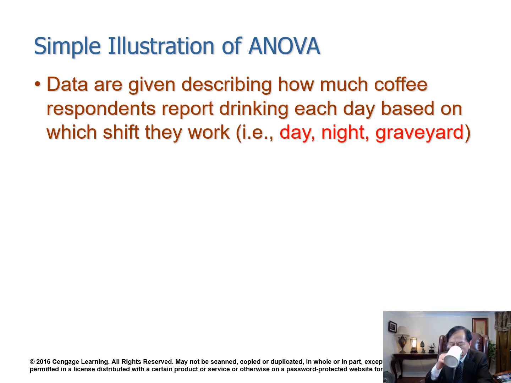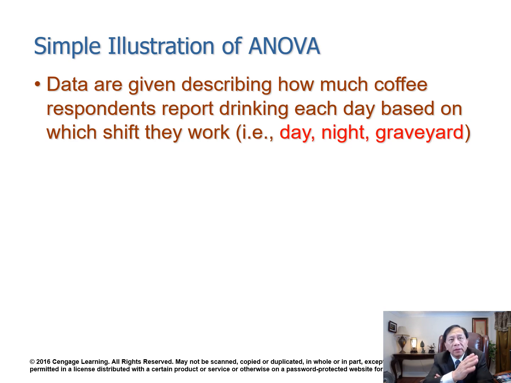Let's say there are workers working for this factory. There are three shifts: day shift, night shift, and graveyard shift, the really late night shift. And they all drink coffee, right?